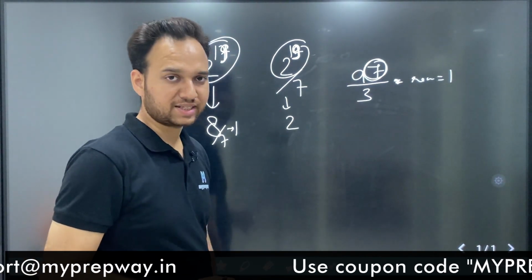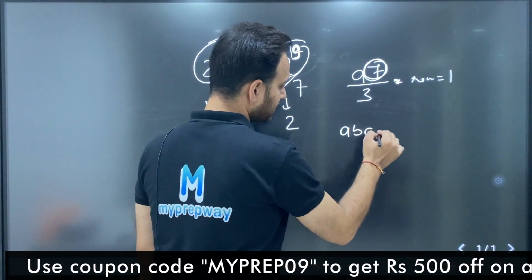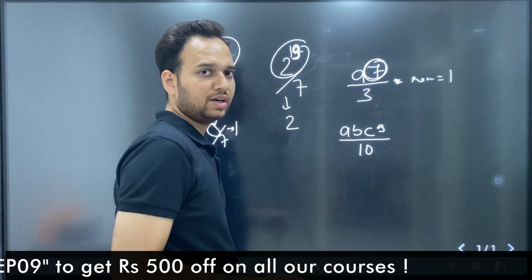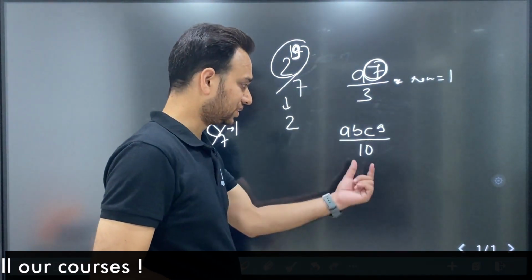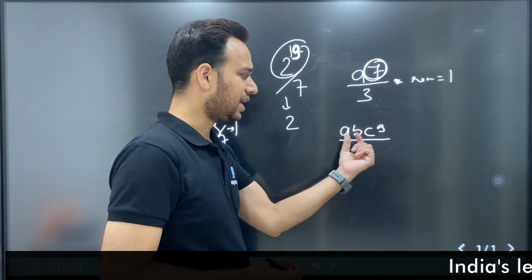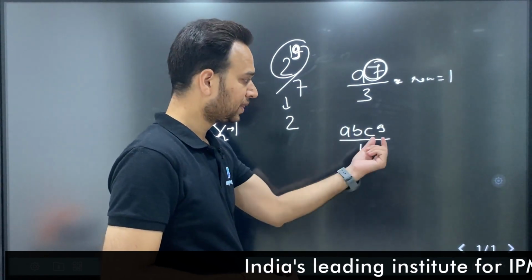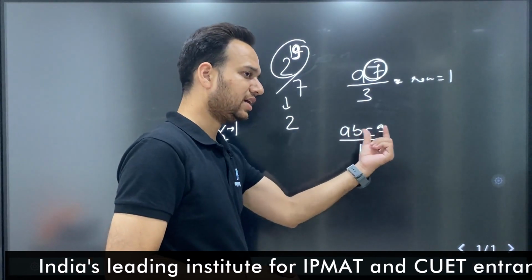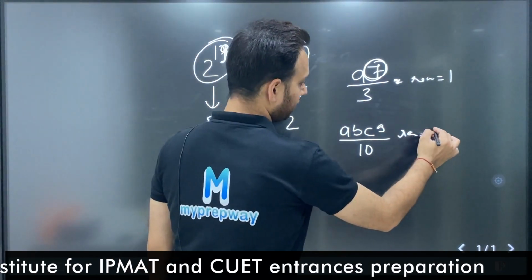And now come the exceptions. When do we have the exceptions? When we have something like ABC9 and this is divided by 10, and now we have to calculate the remainder. If 10 is in the denominator, then you can be sure that whatever the value of ABC be, 9 is the unit digit, and ABC9 divided by 10, the remainder would be 9.